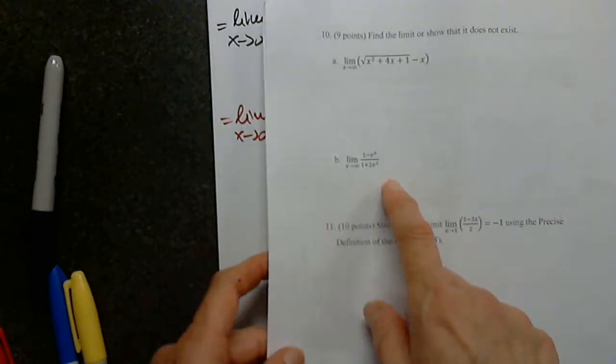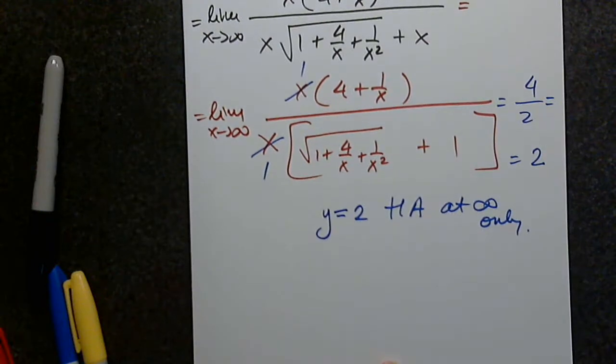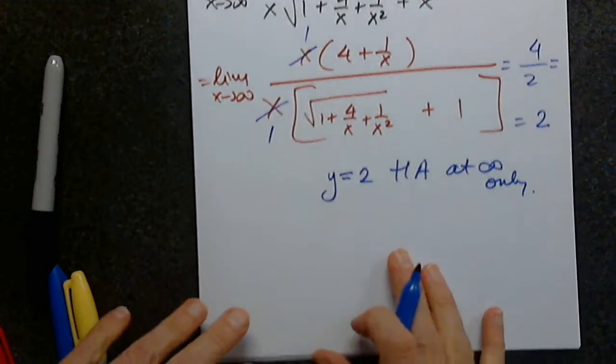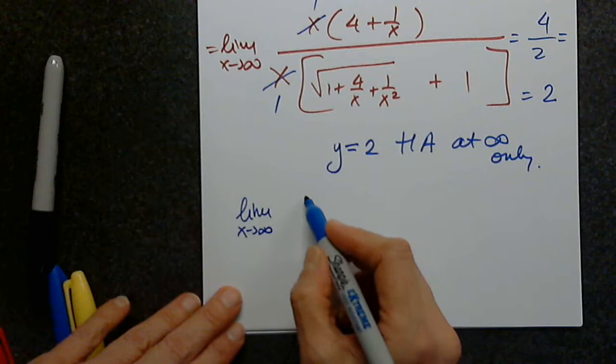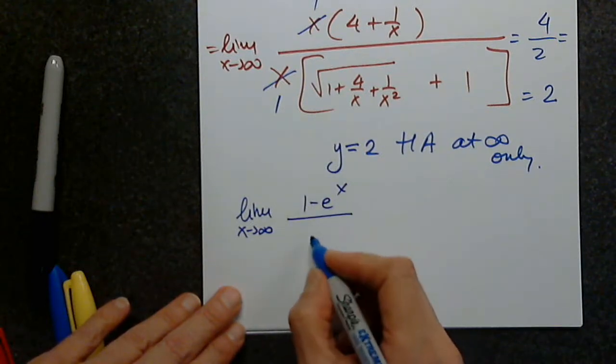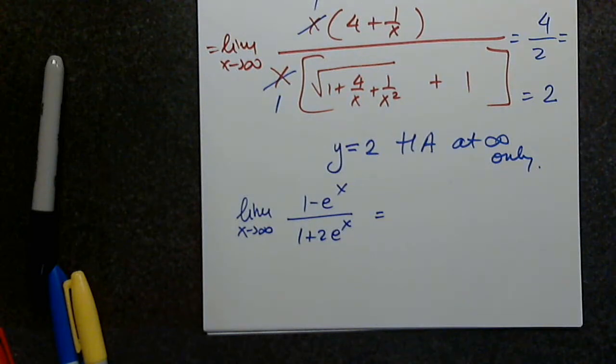Okay, so another limit. Last limit here. Limit as x approaches infinity of 1 minus e to the x divided by 1 plus 2 e to the x. So what do you think we have to do first?